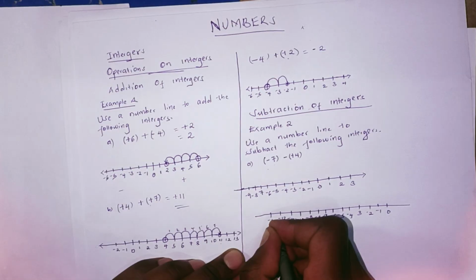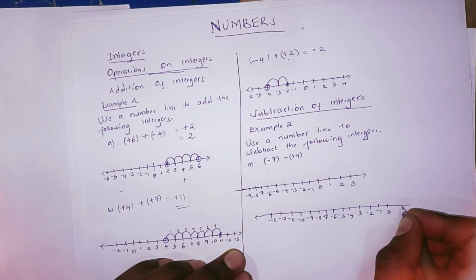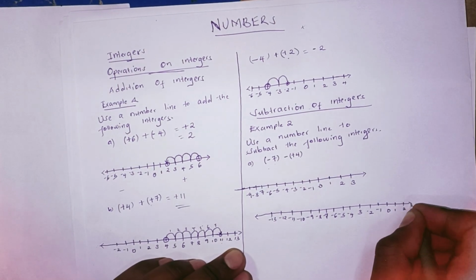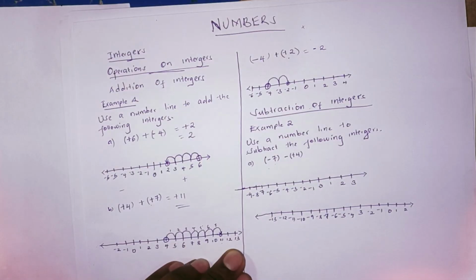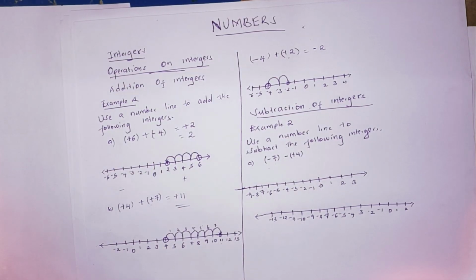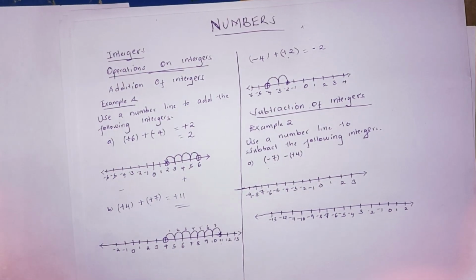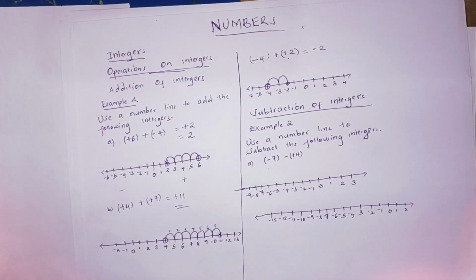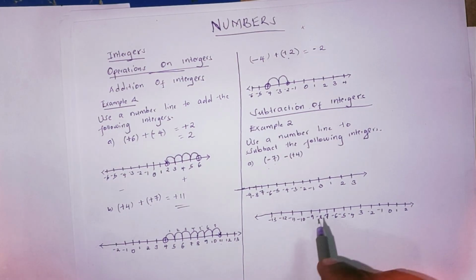Let me stop at negative 13. Then I'll proceed to negative 7 minus positive 4.